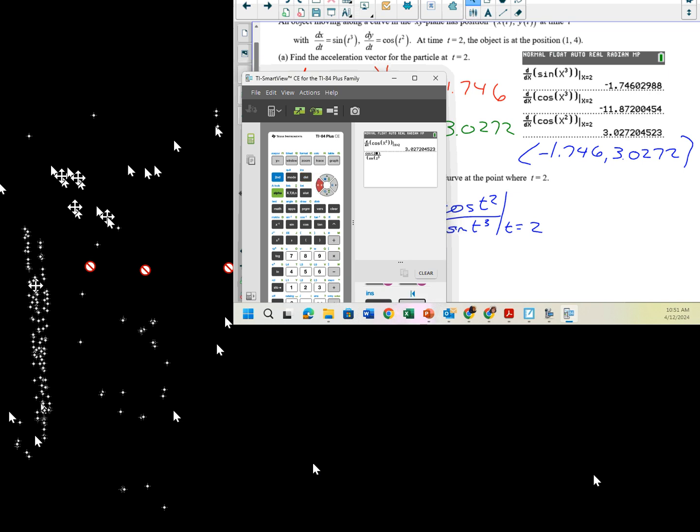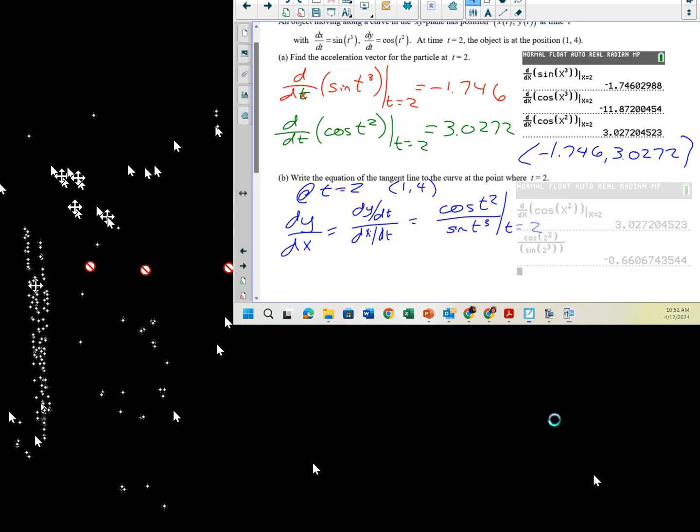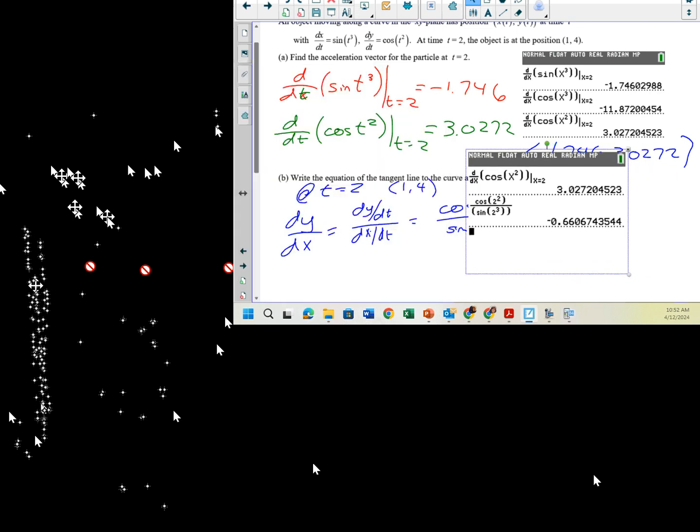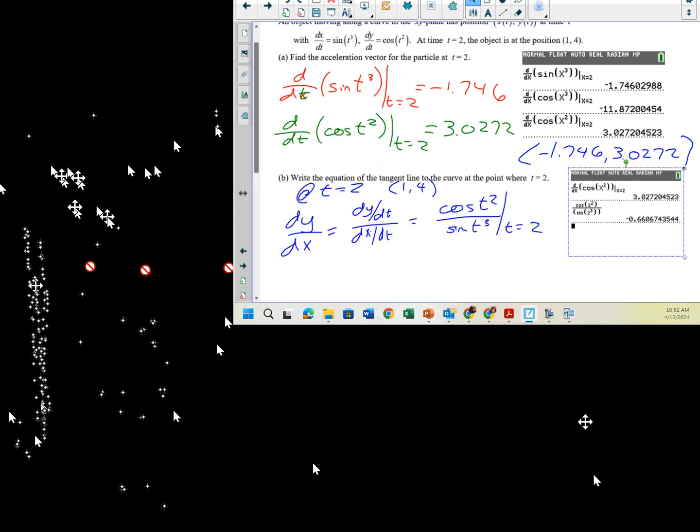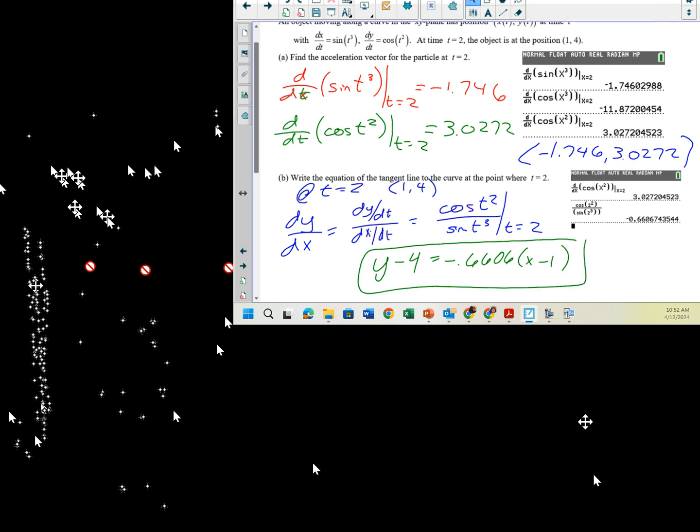That's the square. Y minus 4 equals negative 0.6606 times x minus 1. Again, let your calculator do the math for you. There is no reason to do that math. Let it do it for you.